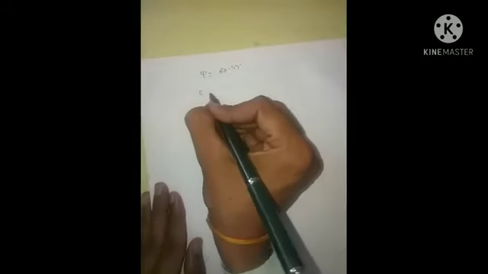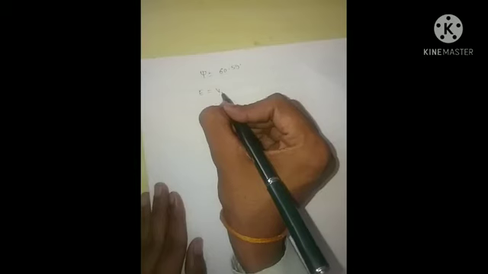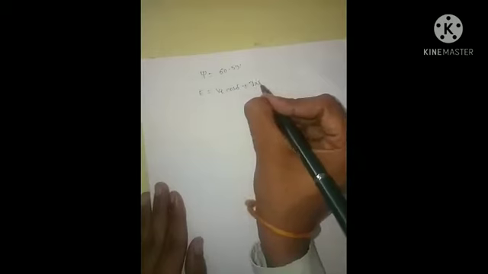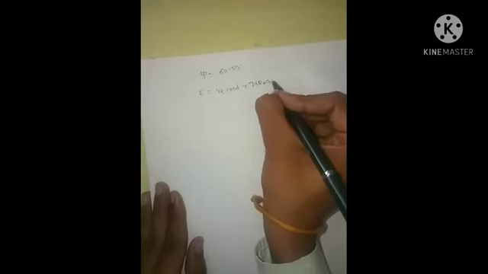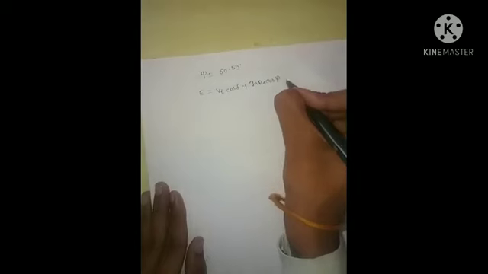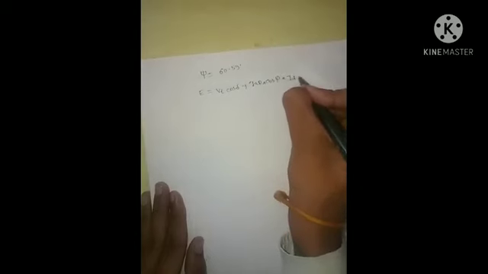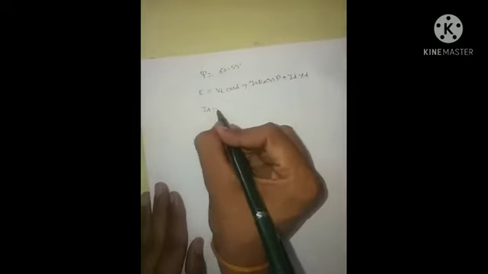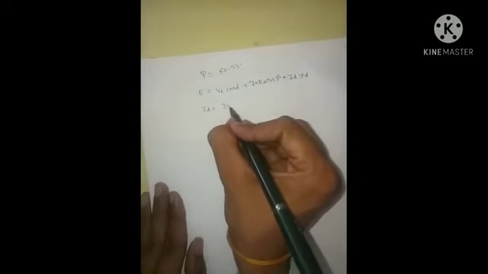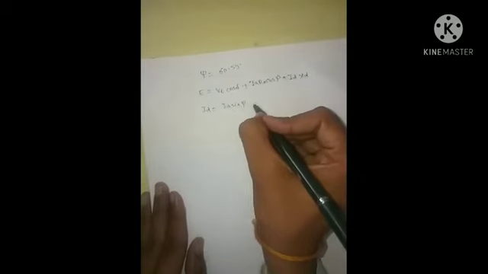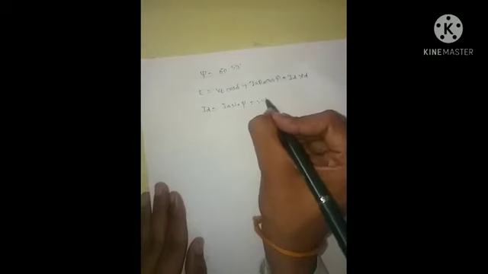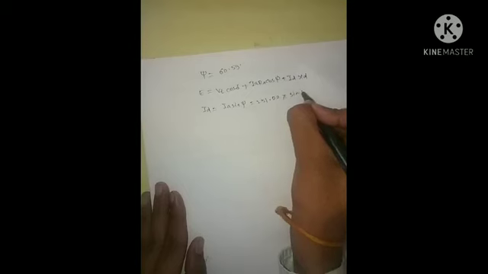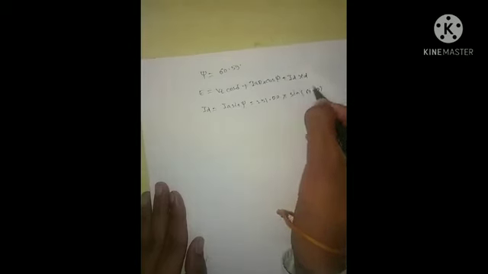Okay, we need to find excitation voltage, that is EMF. So EMF E equals Vt cos of delta plus IA RA cos of psi plus ID XD. Okay, and the ID equals IA sin of psi, equals 251.20 into sine of 60.59.